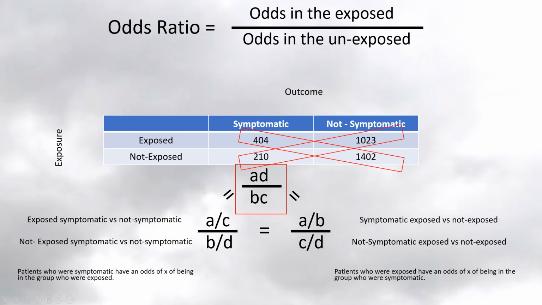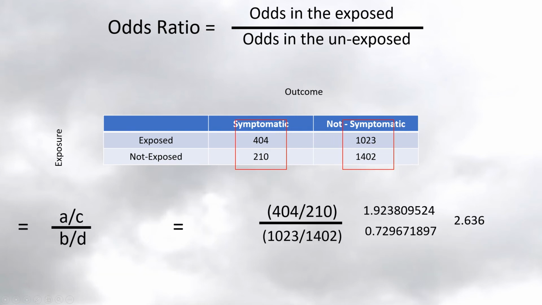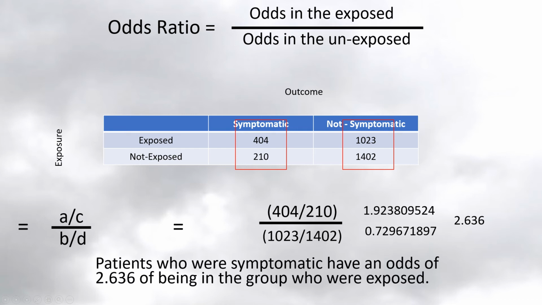They all produce exactly the same thing. Just pick one, and there you'll have it. So I've picked this one. That's my favourite way of thinking about it. And we've got an outcome of 2.63. Okay? Patients who are symptomatic have an odds of 2.63 of being in the group who are exposed.